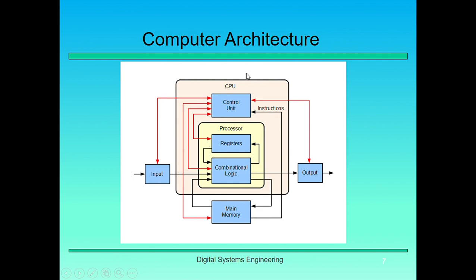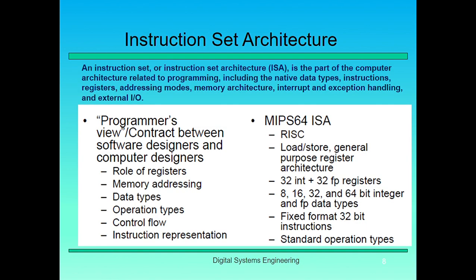Here we have the central processing unit, and inside it we have the control unit, different types of registers, and combinational logic circuits. We also have input devices, output devices, and the memory unit. So this is the basic architecture of the microcomputer.